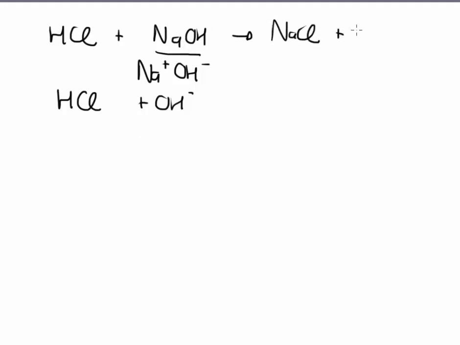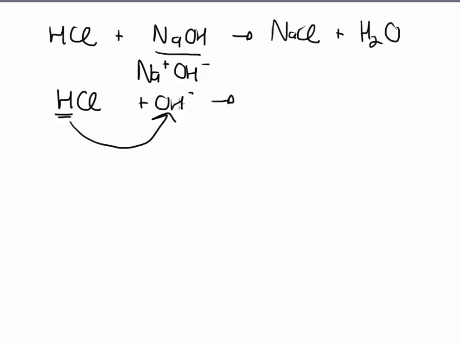Now a salt here is coincidentally table salt, but a salt is actually any ionic compound that forms, and we know H2O is the other product. But when we look at the definition, the Bronsted-Lowry definition of acids and bases, what really happens here? This H is going to be donated from hydrochloric acid to OH minus.